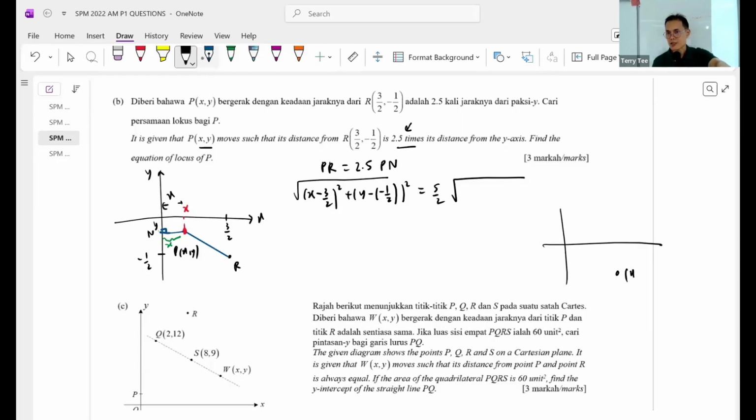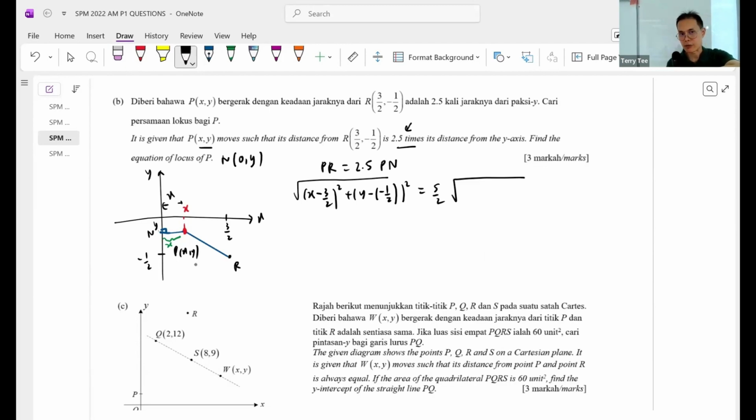If this is x, y, this is x. The distance from here to here is just x, isn't it? Right? But if you want, you can just use the formula for distance, because we know n is a normal, right? Let's say n. The coordinate for n will be 0, y.